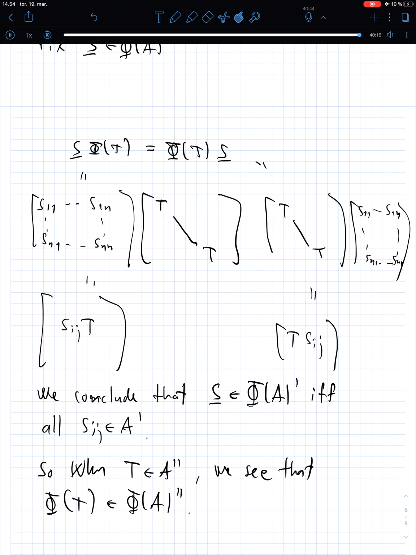Because it commutes with anything in phi of A prime, because anything in phi of A prime is a matrix whose entries all lie in A prime, and hence by definition they commute with T. So that concludes the proof of von Neumann's bicommutant theorem.